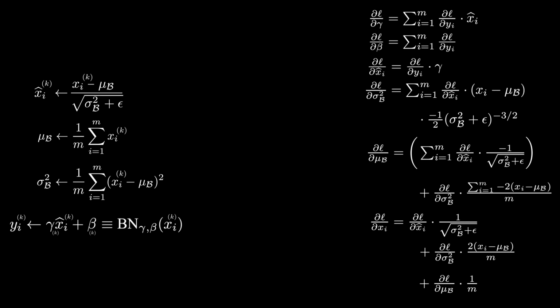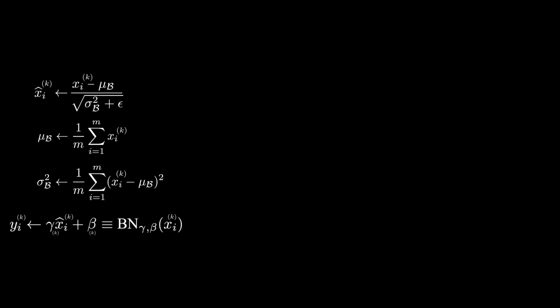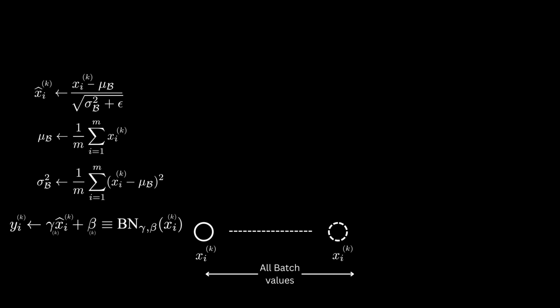To make more sense of these equations, it's better to start with how the variables involved and their dependencies look from a computational graph standpoint. We have all our pre-activation values computed by the network for a particular layer and particular feature for the entire batch, giving us as many values as the batch size.